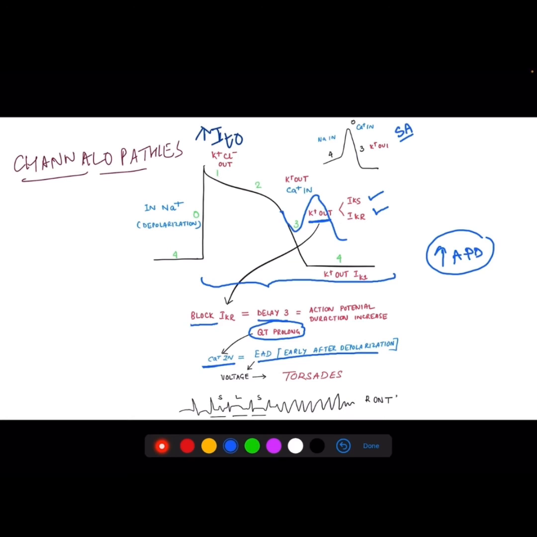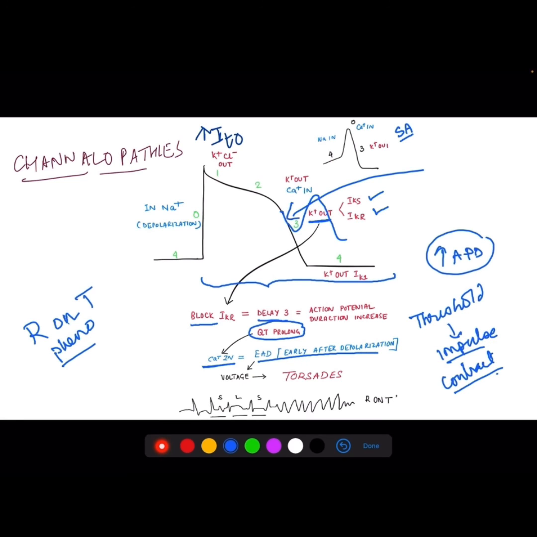When the early afterdepolarization reaches a particular threshold, it's just like an impulse can produce a contraction. So there's a concept called the R on T phenomenon. That means if an impulse comes and hits phase 3, it can produce an arrhythmia, which is also called polymorphic ventricular tachycardia.